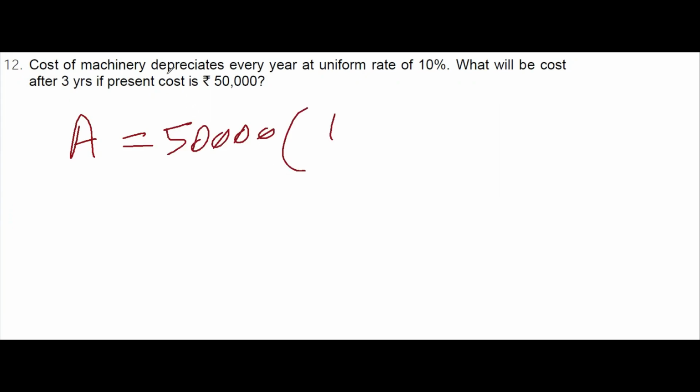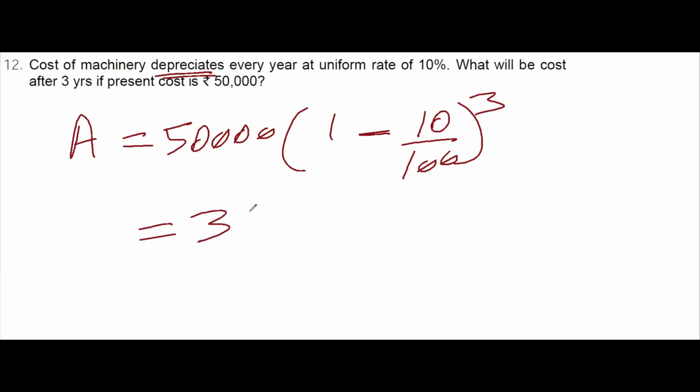Since it depreciates, my formula is going to change. Instead of plus, now it will become minus. R is your 10% for how many years? For 3 years. So when you solve this, you will get 36,450. This is the cost after 3 years for that machinery.